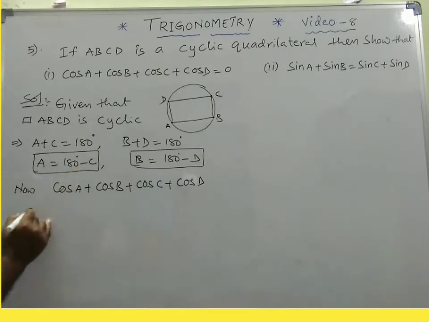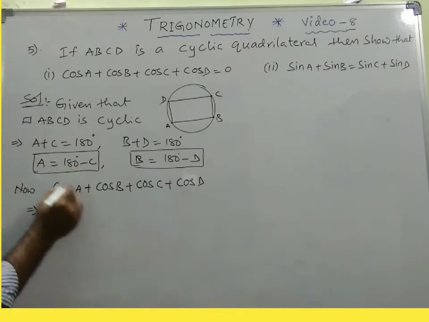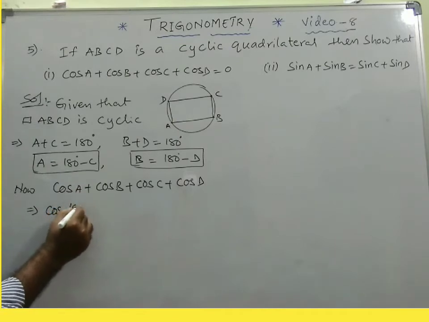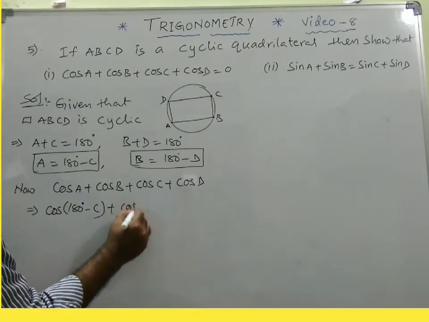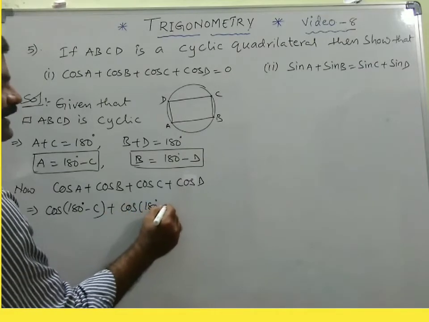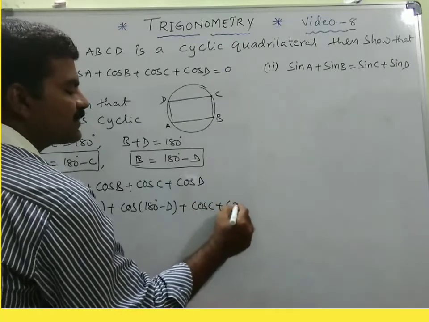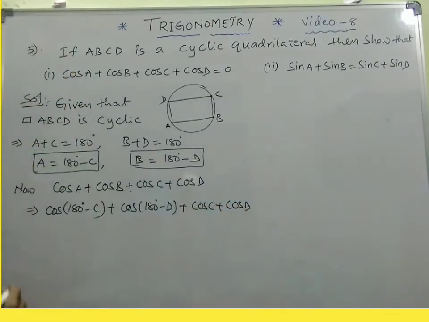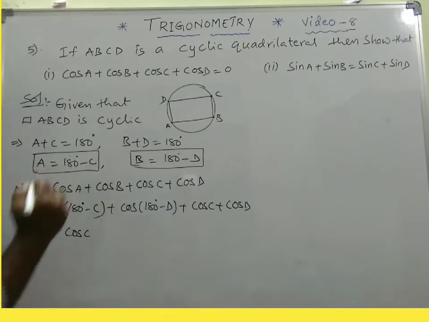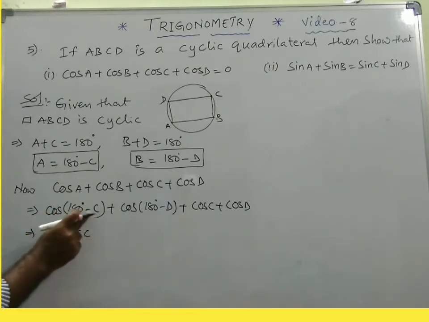So how can I write capital A? Angle A is nothing but I can write it as cos of 180 degrees minus C plus cos B as cos of 180 degrees minus D, and the rest of the two are as they are, that is cos C plus cos D. Now do you remember the allied angles concept? Because of 180 there is no change, so this is cos C. But 180 minus C is in the second quadrant.